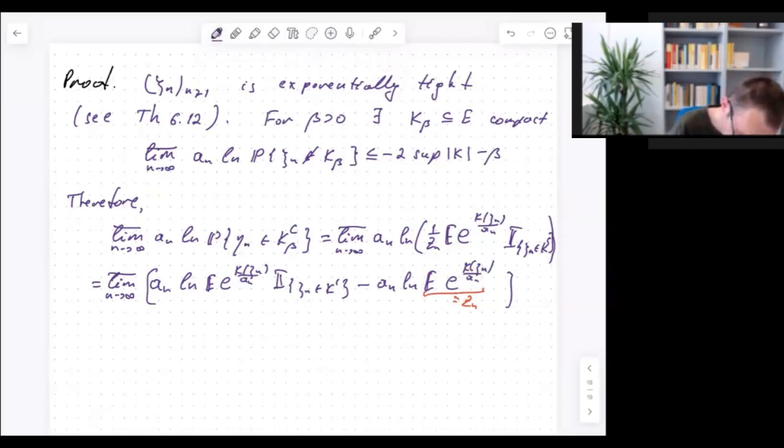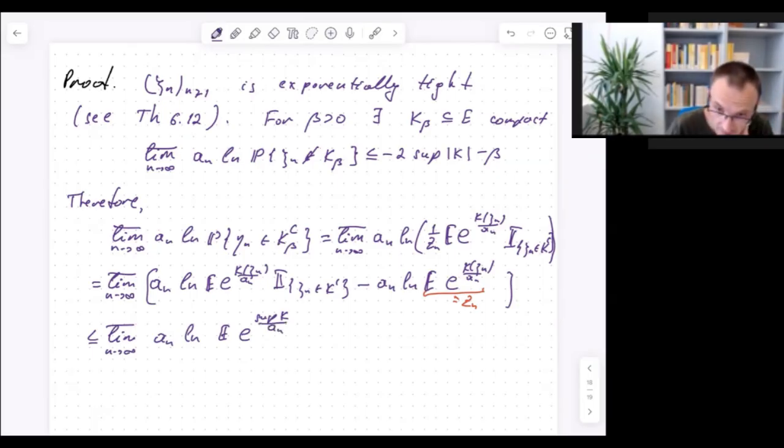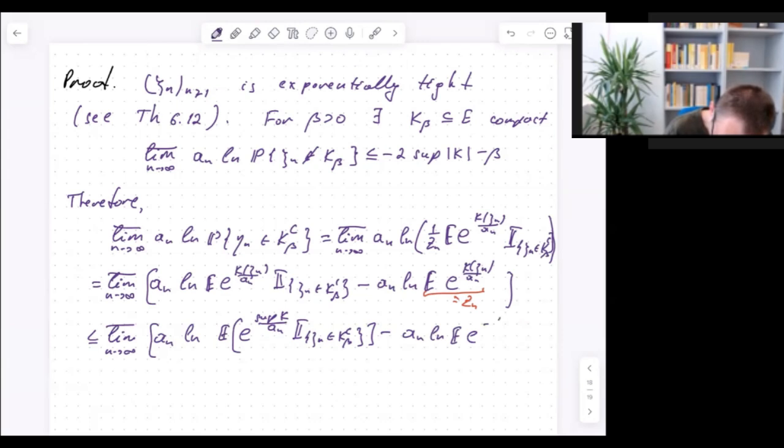Therefore, we come to the inequality: the limit as n goes to infinity of an logarithm of the expectation of e to the power supremum k divided by an, times the indicator of psi n belongs to K beta complement, minus an logarithm of the expectation, which you estimate by infimum, or by e to the power minus supremum of k divided by an.